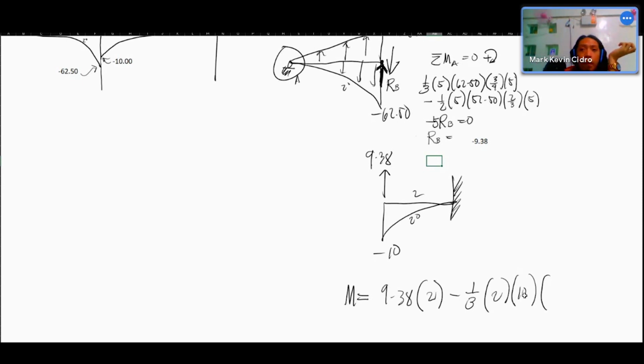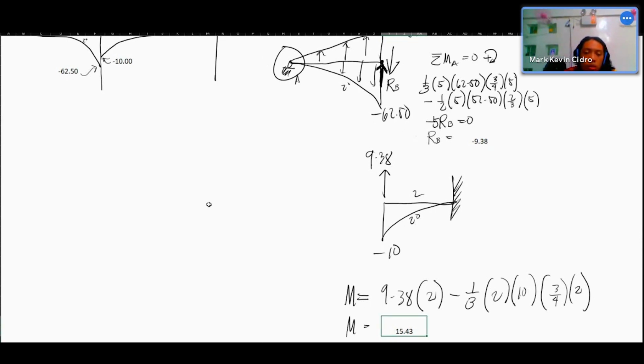The moment arm, what's the moment arm? 3/4 of 2. This is equal to 9.38 times 2 minus 1/3 times 2 times 10 times 3 times 2 over 4.